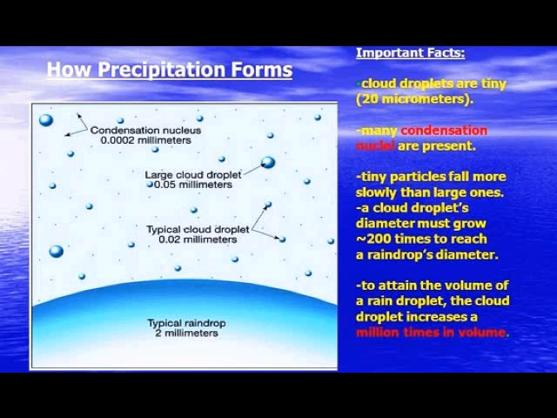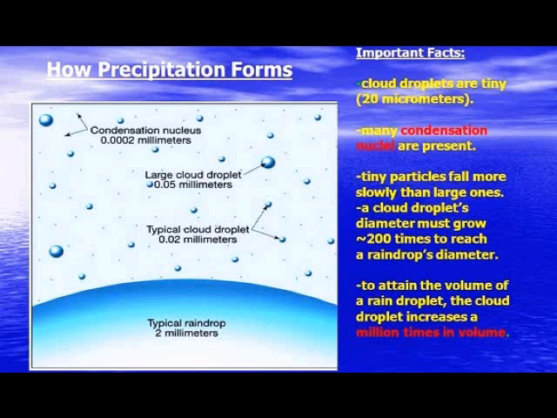And the important thing here is many condensation nuclei are present in that higher altitude, and what cosmic rays do is form condensation nuclei. So if we've got more radiation inbound in our upper atmosphere, there's going to be a lot more condensation platforms. It's going to make it easier for clouds to form.